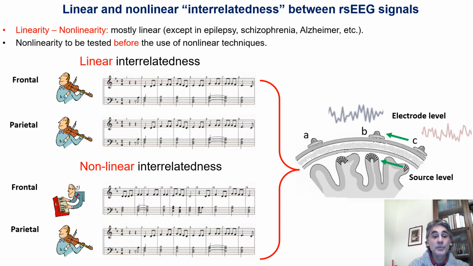In the example, you can see two musicians who are able to produce interrelated notes and musical performances, not using a linear relation of the phases of their activities. So ideally, one should take into account both linear and nonlinear interrelatedness of EEG activity.